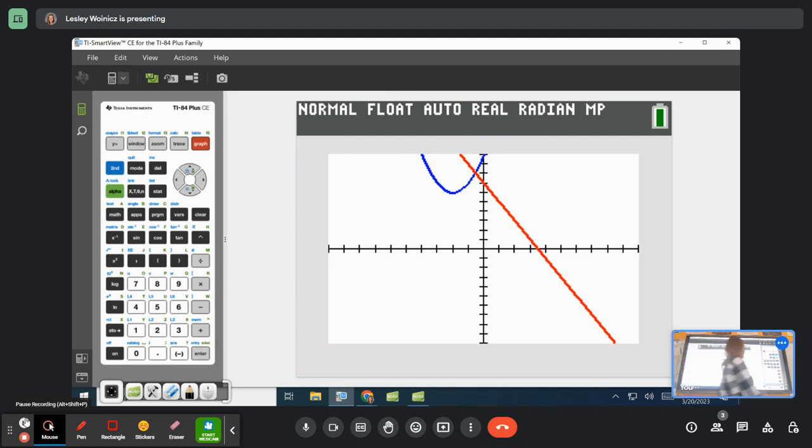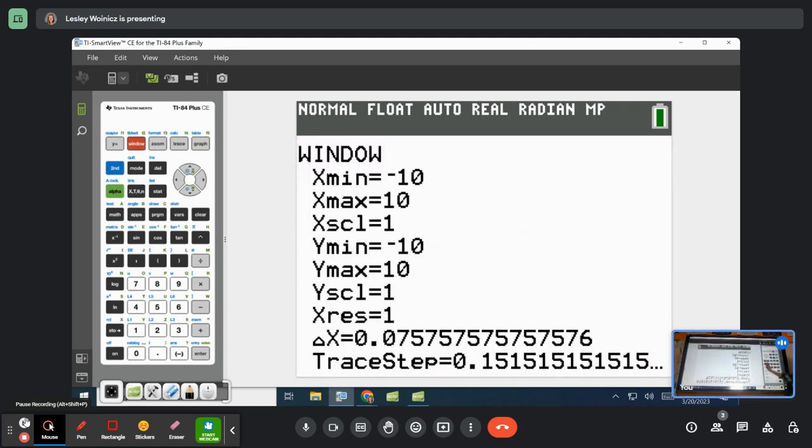We're going to mess with the window. So we go to the window. We're going to change our y max. I've made it 30 all day. 30's worked pretty good. Can we do 30? We can do 30. If you make it 20, it'll still work. Your graph will just look a little bit different than mine.